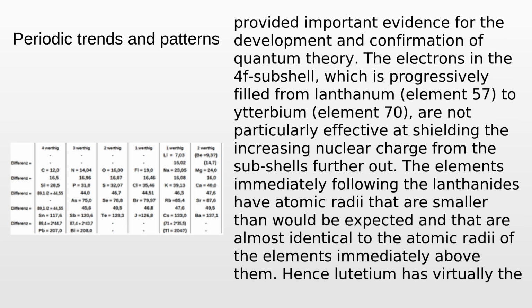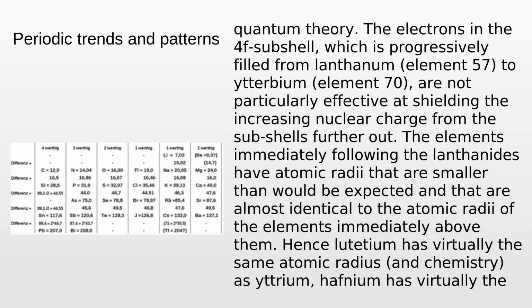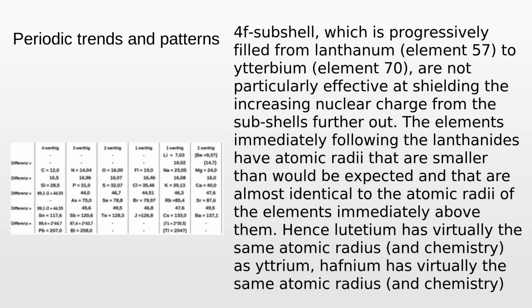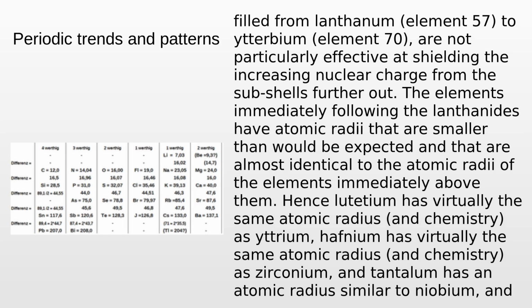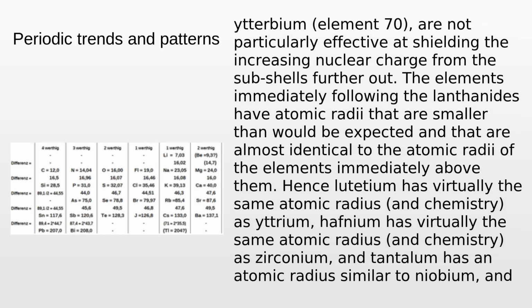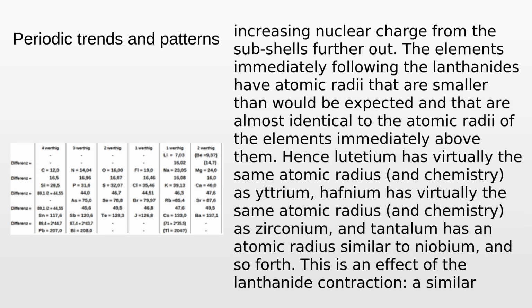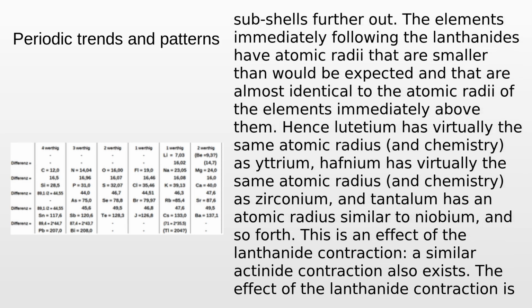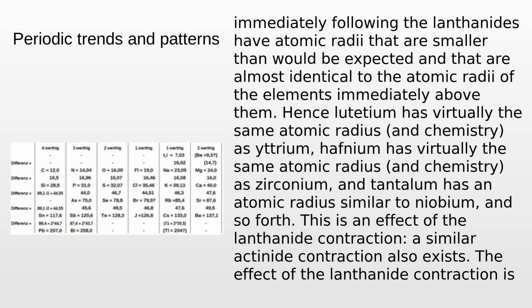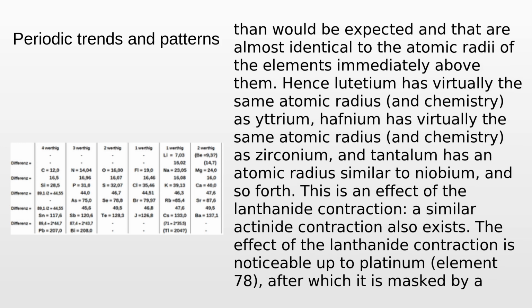The electrons in the 4f subshell, which is progressively filled from lanthanum, element 57, to ytterbium, element 70, are not particularly effective at shielding the increasing nuclear charge from the outer subshells. Further out, the elements immediately following the lanthanides have atomic radii that are smaller than would be expected and that are almost identical to the atomic radii of the elements immediately above.